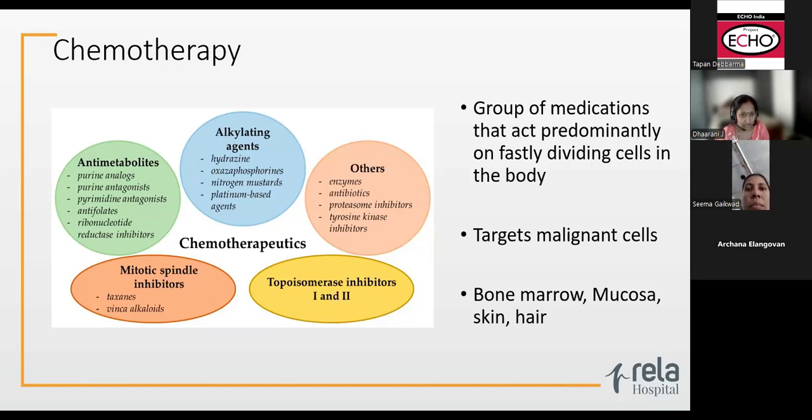And etoposide belongs to the group of topoisomerase inhibitors. And we also use some drugs like daunorubicin, pegylated asparaginase, imatinib, dasatinib. These are drugs which act on some enzymes and proteins, and also the targeted therapies.